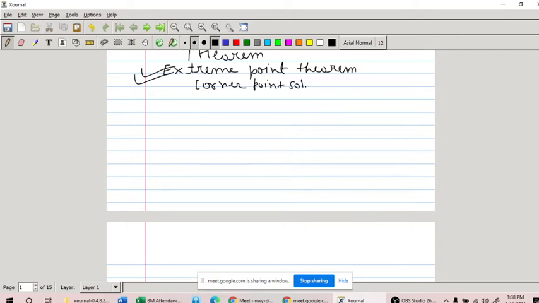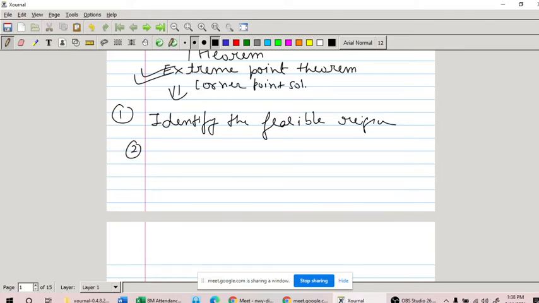So the first step in this theorem application is going to be to identify the feasible region. So this region is going to have some set of points on a graph, and those points are going to satisfy all the constraints which are given to you in your linear programming problem.